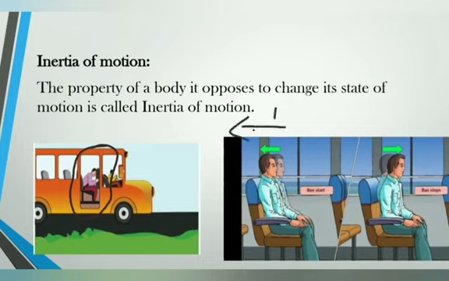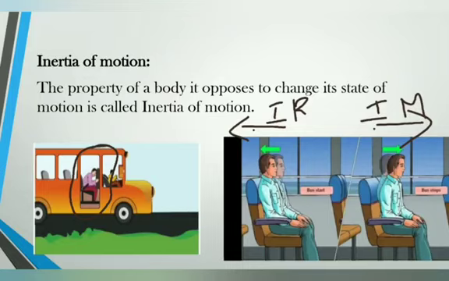That is because of inertia of rest. And when the bus stops, the person falls forward. That is because of inertia of motion. If the person is falling backward, that is because of inertia of rest. If the person is falling forward, that is because of inertia of motion.